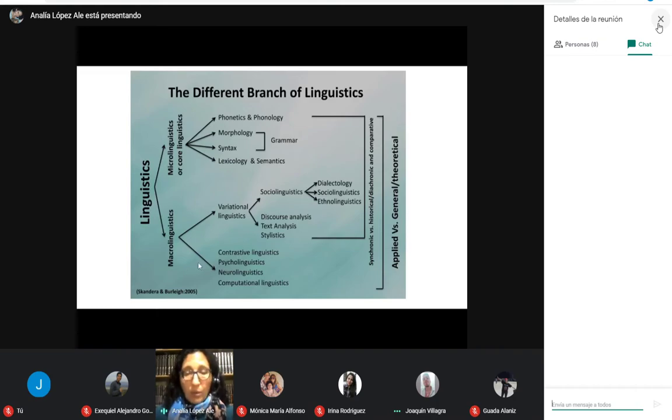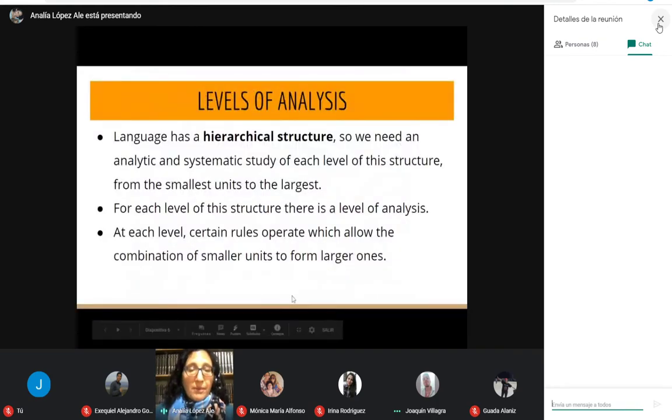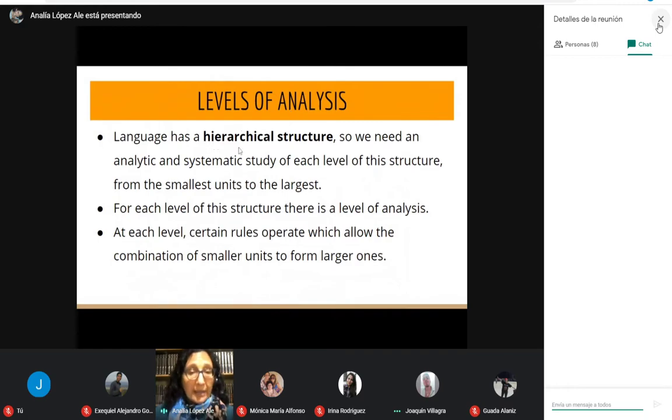Well, let's go on. So remember that we said that a language is a highly structured system, and it has a hierarchical structure. So these are principles, these three are principles. Remember, which are the levels of this hierarchy? How many levels can you think of to describe the structure of the language?